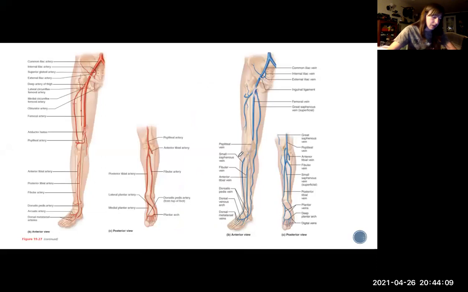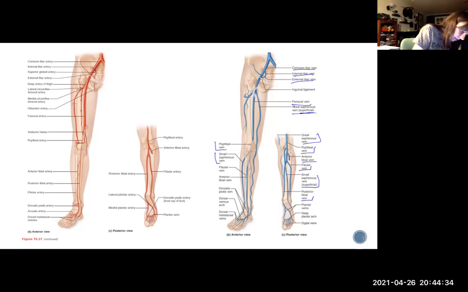And here again, they are side by side. You need your common, internal, external, femoral, great saphenous, which again is superficial. Your anterior and posterior tibial veins, your fibular vein, and your small saphenous.